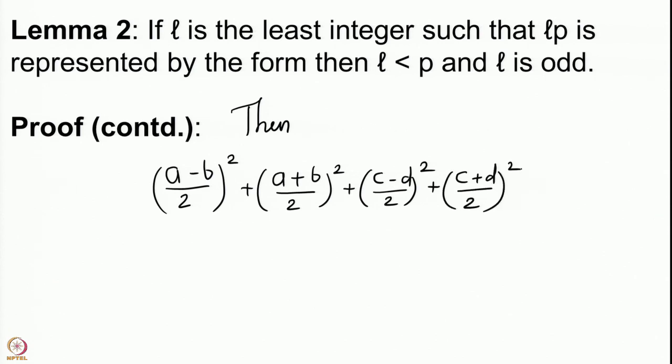Remember that a and b are of the same parity, either both odd or both even, and therefore their difference and their sum are both even numbers. So, these 4 numbers are all integers.